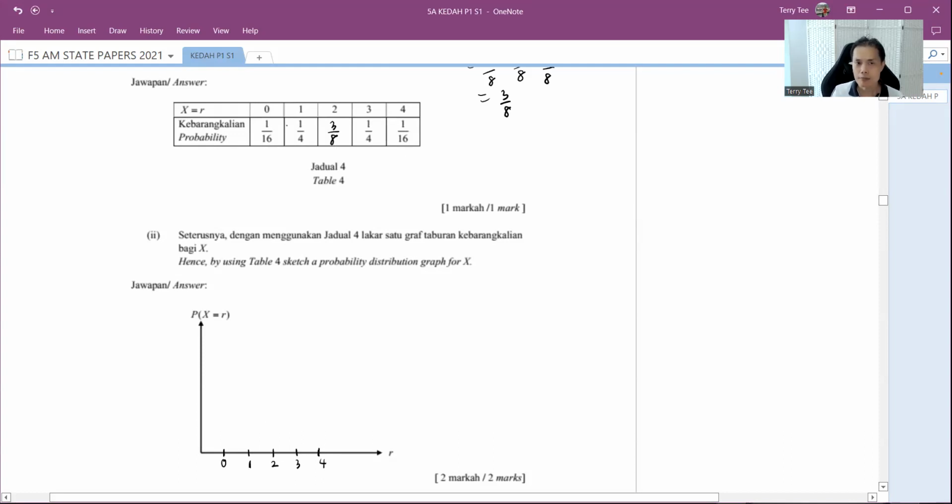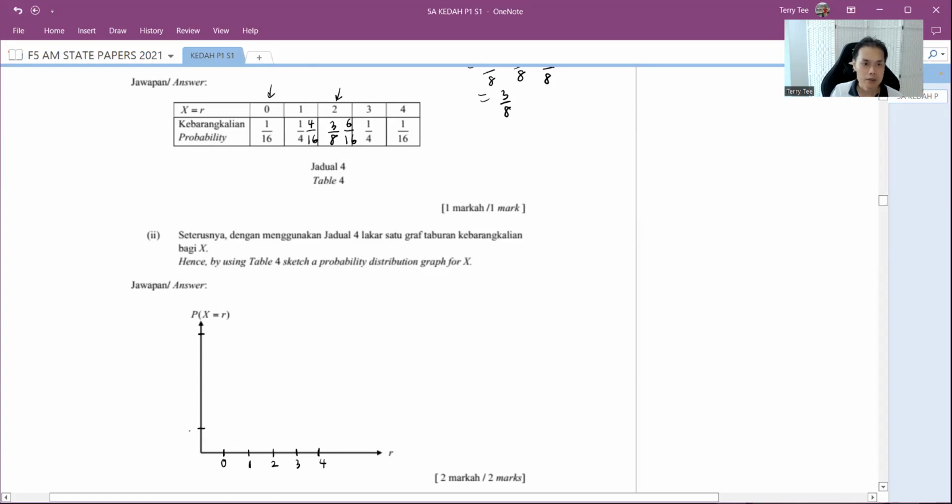If you look at the list, the highest probability is actually 3 over 8, right? So if you can't imagine, we just multiply everybody by 16, so we get a common denominator of 16. So 1 over 4 times 16 gives 4 over 16, and 3 over 8 gives 6 over 16. Meaning the highest, for x equals 2, is 6 times longer than x equals 0. So I'm going to estimate this about 6 times longer.